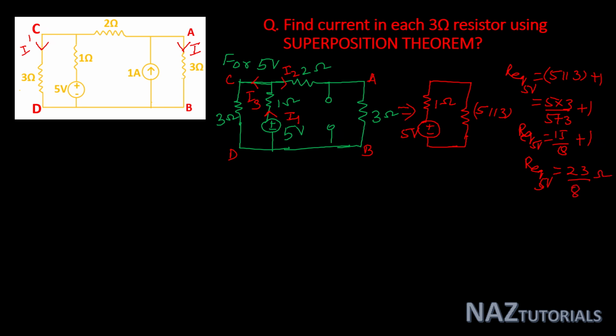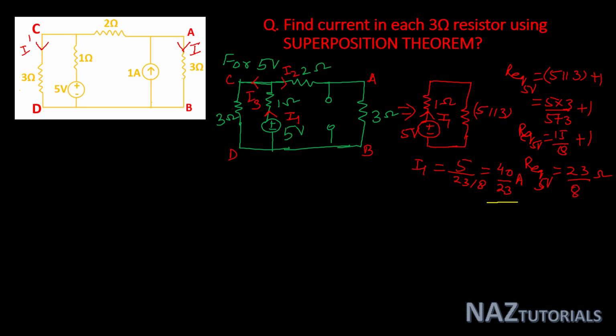Now let's see the value of total current I1. So this I1 is 5 divided by 23 by 8, or you can say this is 40 by 23 ampere. So this is our I1. I1 is 40 by 23.